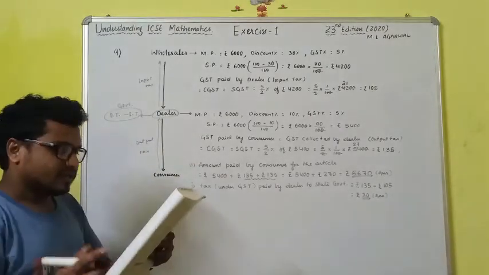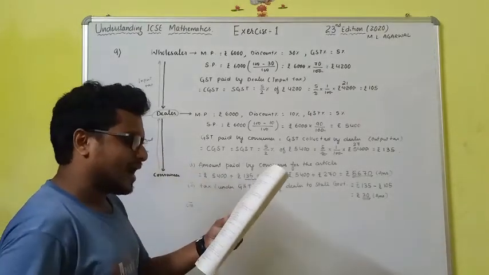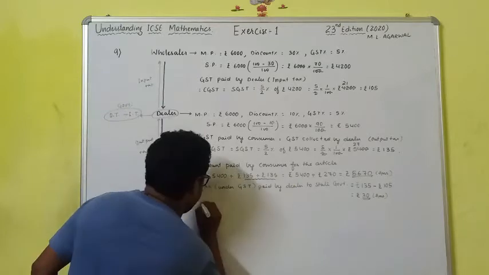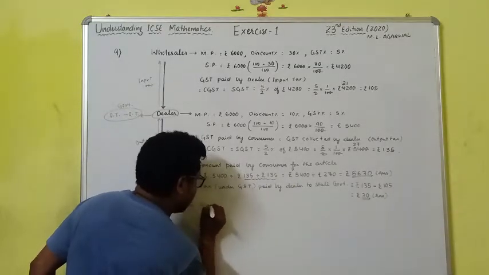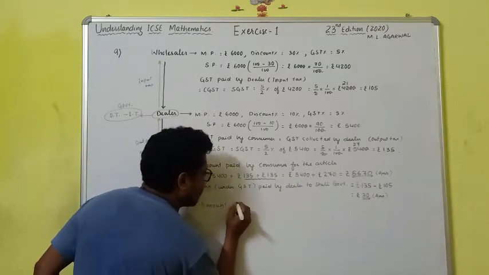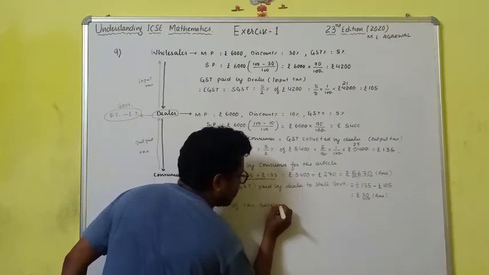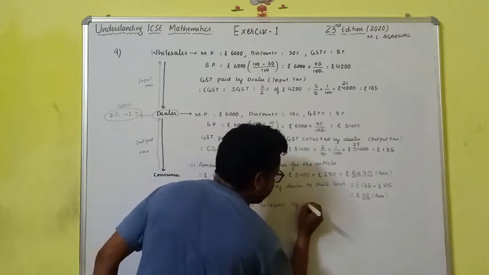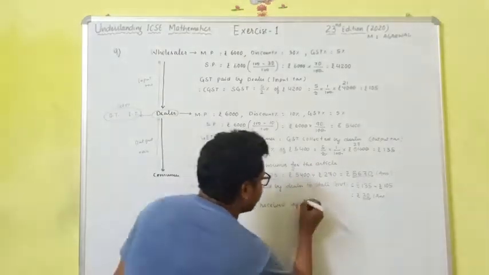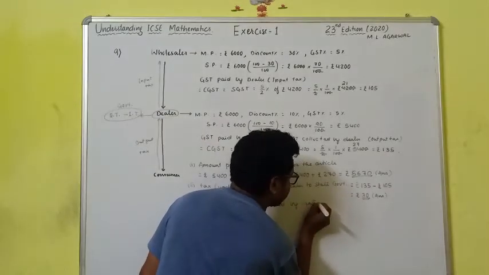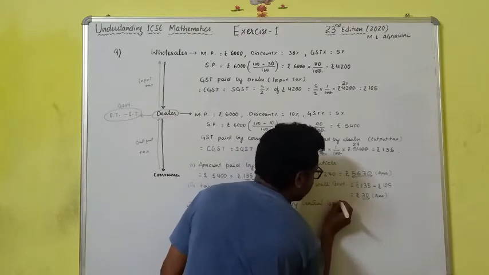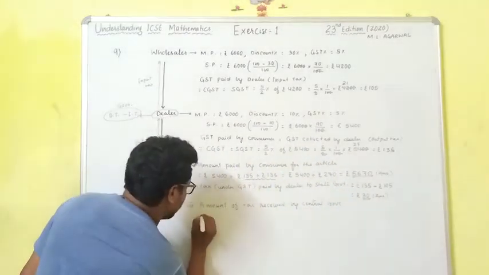Then bit number 3, the last answer. The amount of tax received by the central government is equal to the first one.